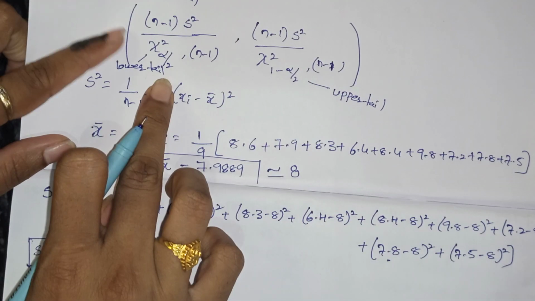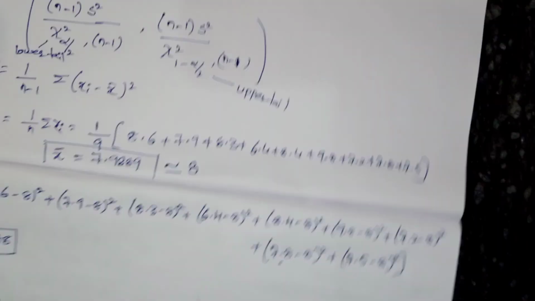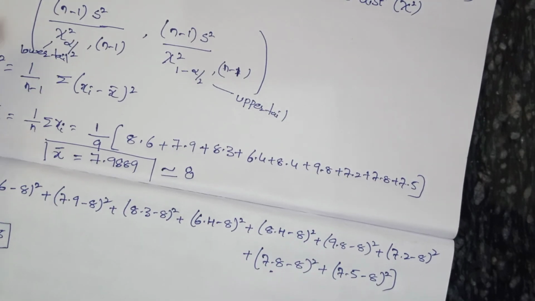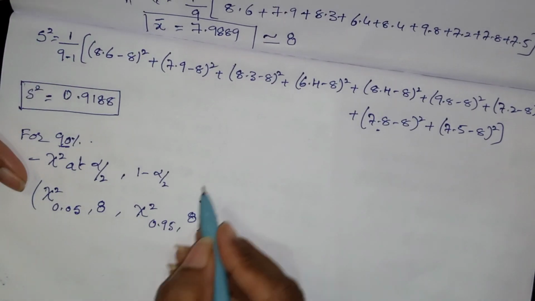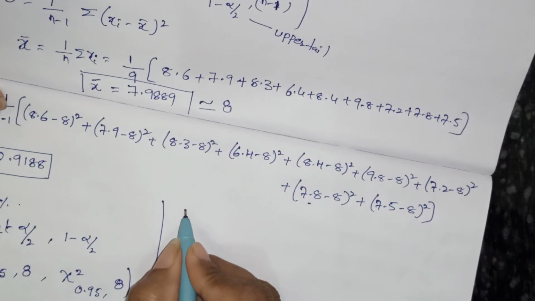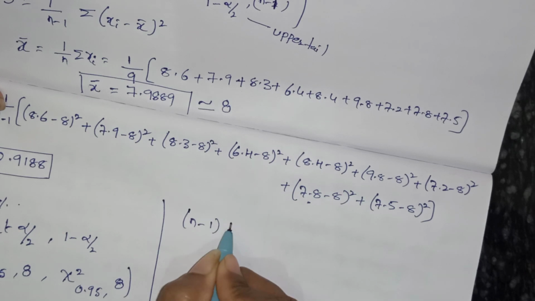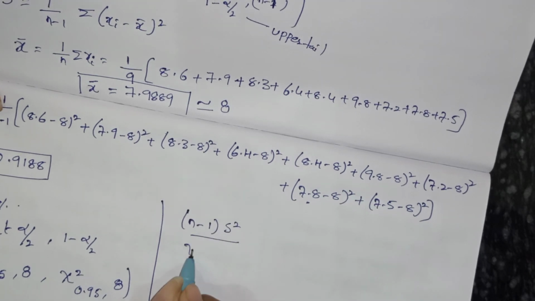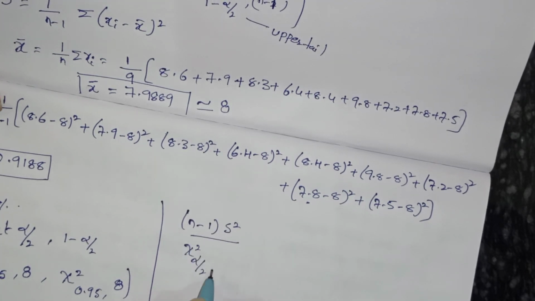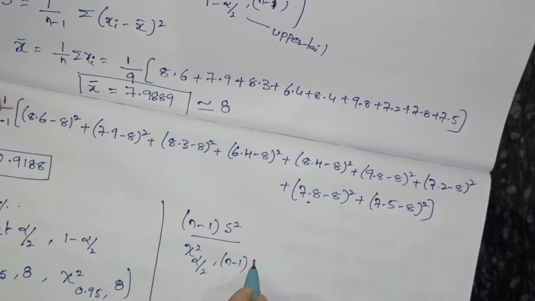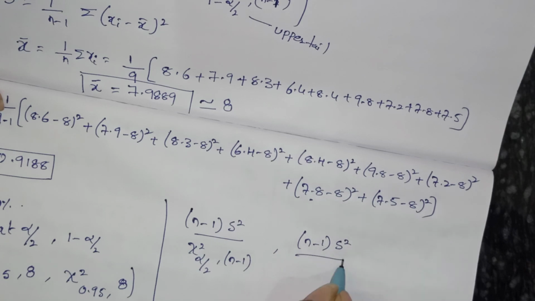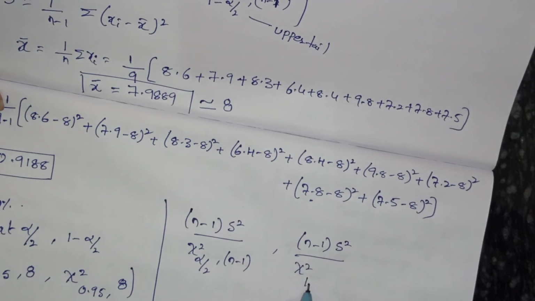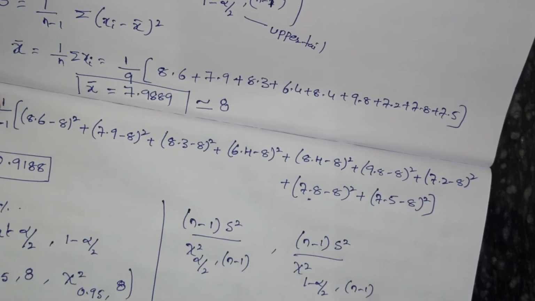What is the formula here? N minus 1 s square by chi square alpha by 2 comma n minus 1 degrees of freedom, comma n minus 1 s square by chi square 1 minus alpha by 2 comma n minus 1 degrees of freedom.